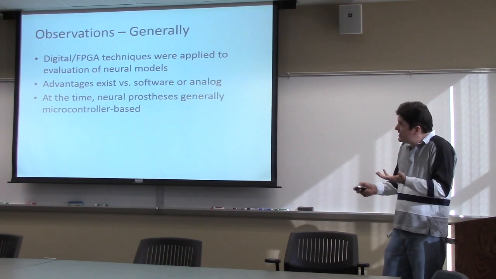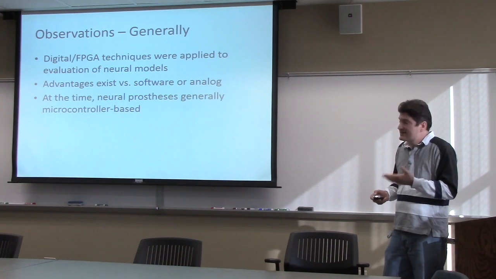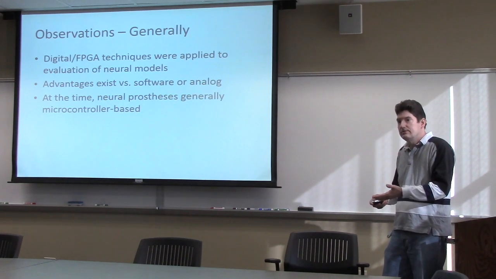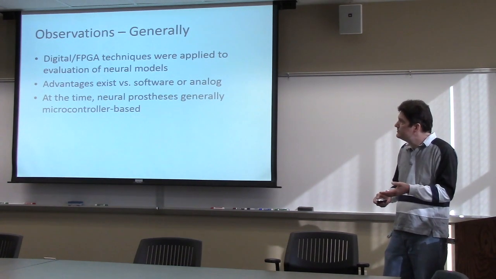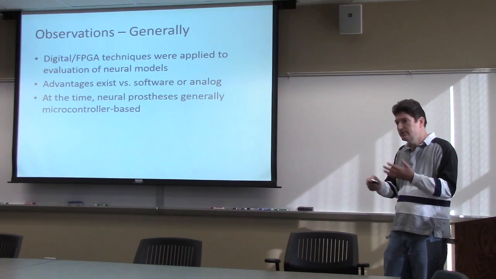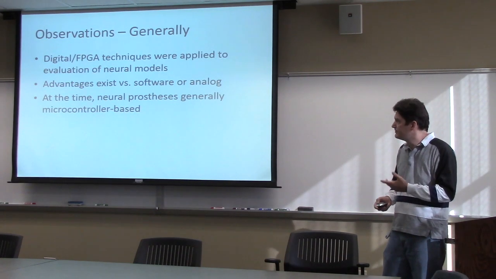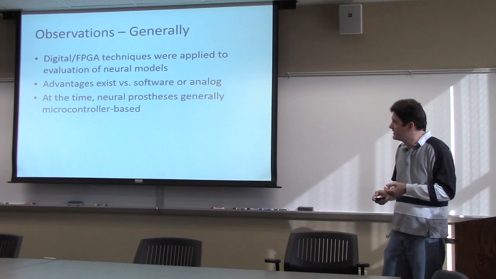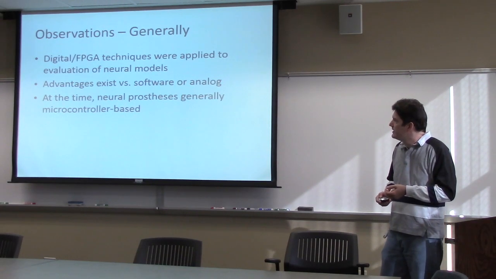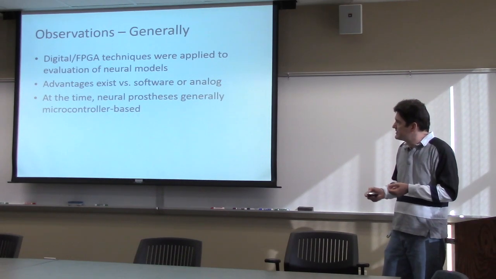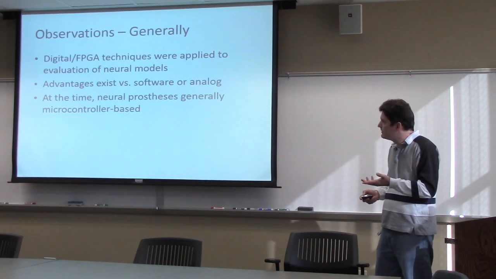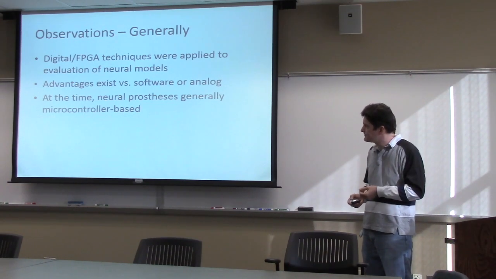My observations here: they used a digital approach, an FPGA, to do the simulation of a neural model that was analog in its underlying character. They point out that there are obvious advantages between software and analog versus digital.